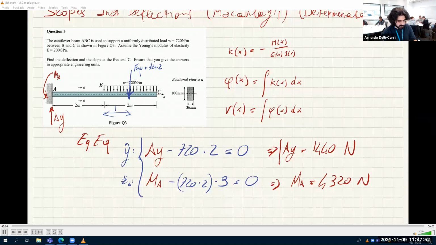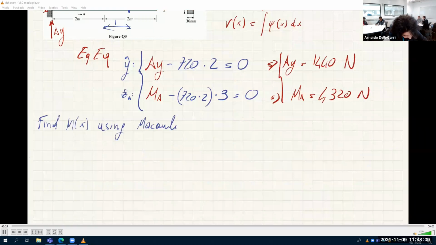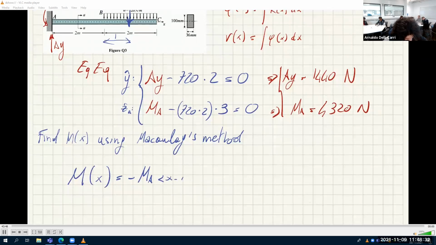All right. Now that we have these values, we can go on and find the bending moment diagram. So find M of x using Macaulay's method. We have MA, which is counterclockwise, so it's negative. So M of x is minus MA times x minus 0 to the power of 0.